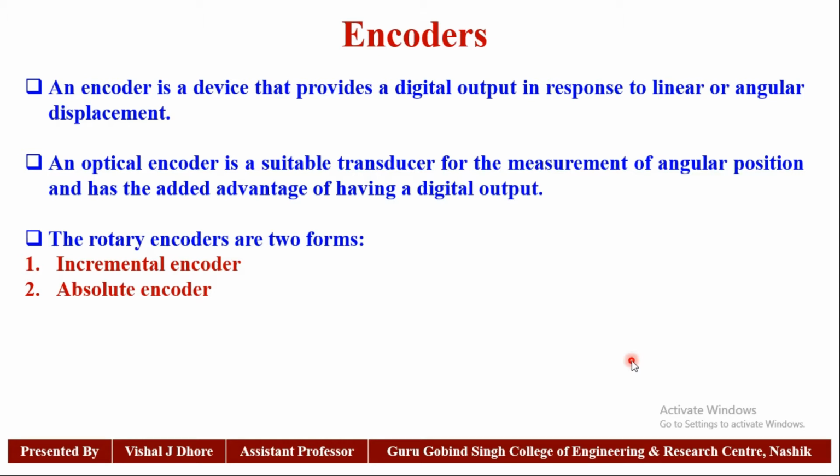By counting or decoding these bits, the pulses can be converted into relative or absolute position measurements. The optical encoders are in rotary or linear configurations. The rotary encoders are of two forms. First one is incremental encoder and second one is absolute encoder. So let us discuss incremental encoder.